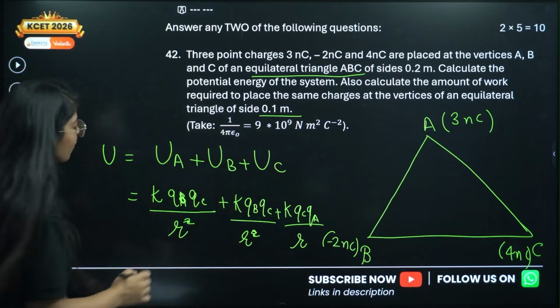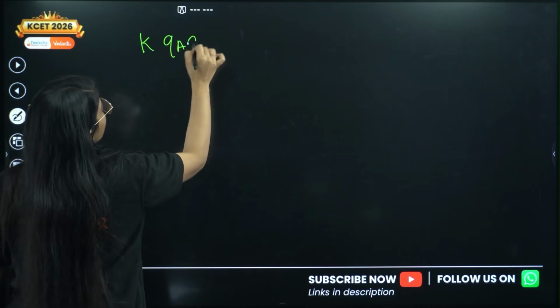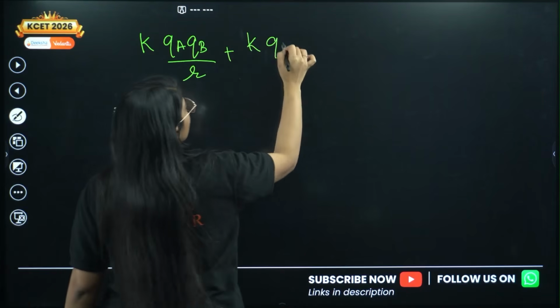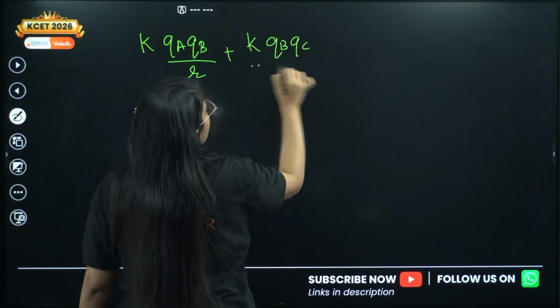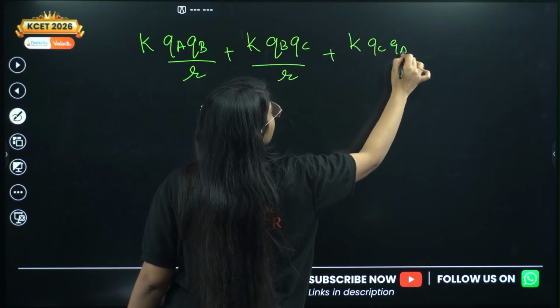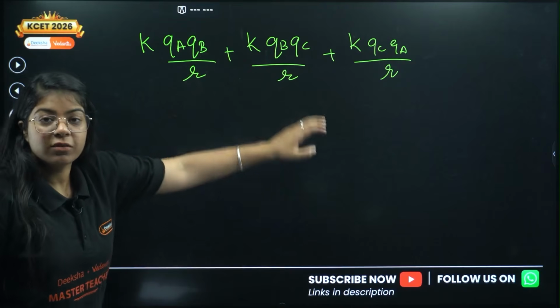Let me write this again: K QA QB divided by R plus K QB QC divided by R plus K QC QA divided by R. This is the formula for potential energy of this whole system.